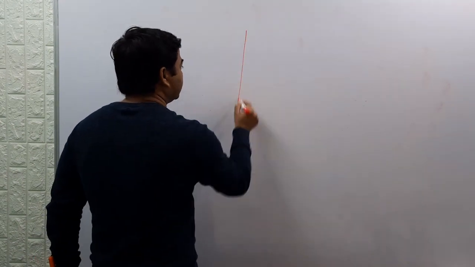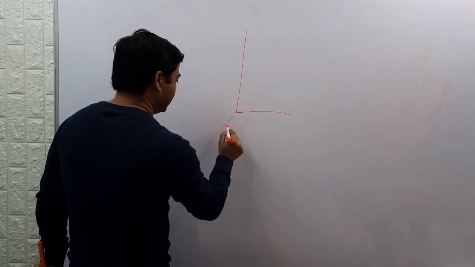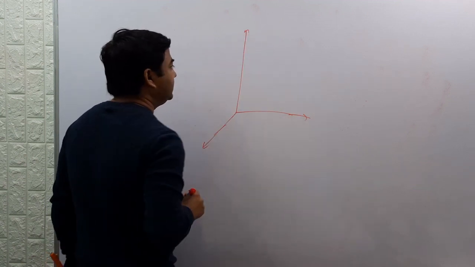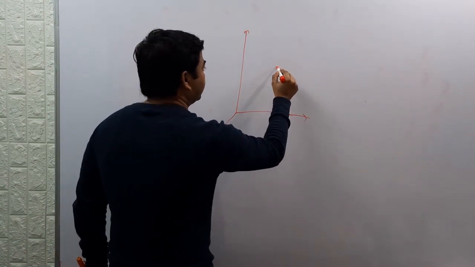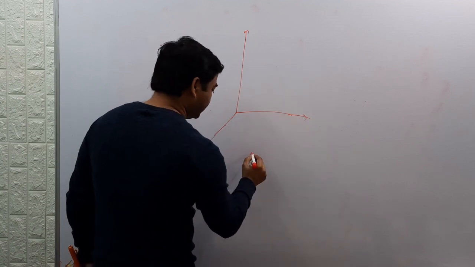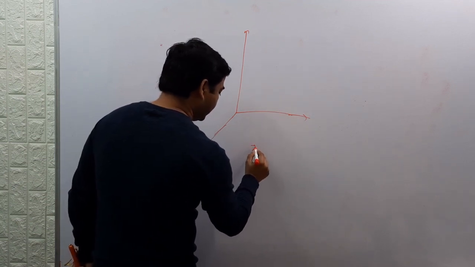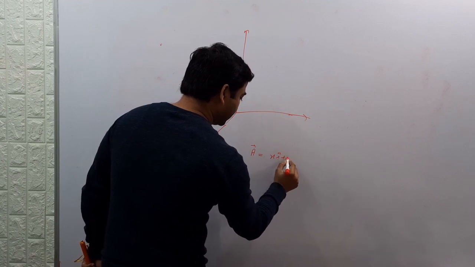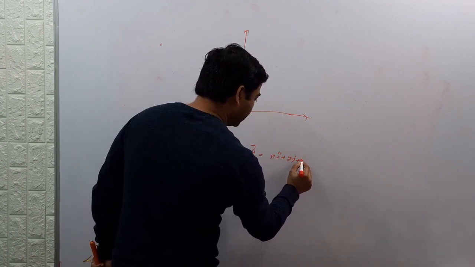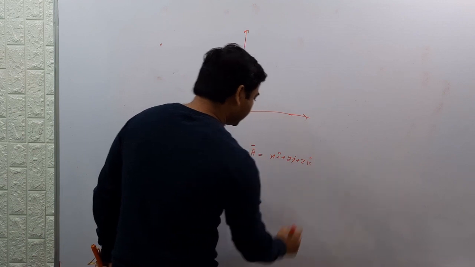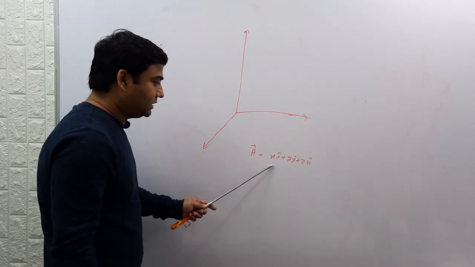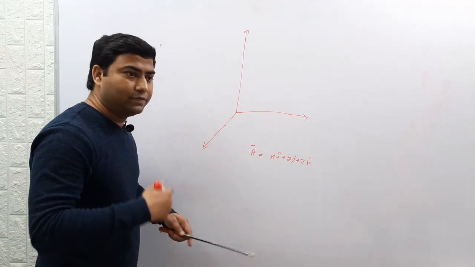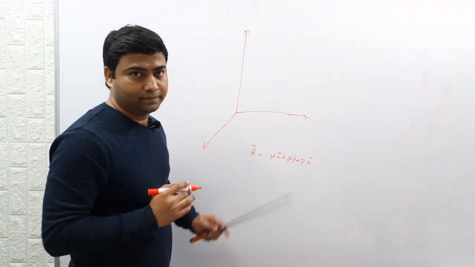Similarly, if you see any vector A in Cartesian coordinate system, let it be represented as xi plus yj plus zk. As we have discussed, vectors are free.